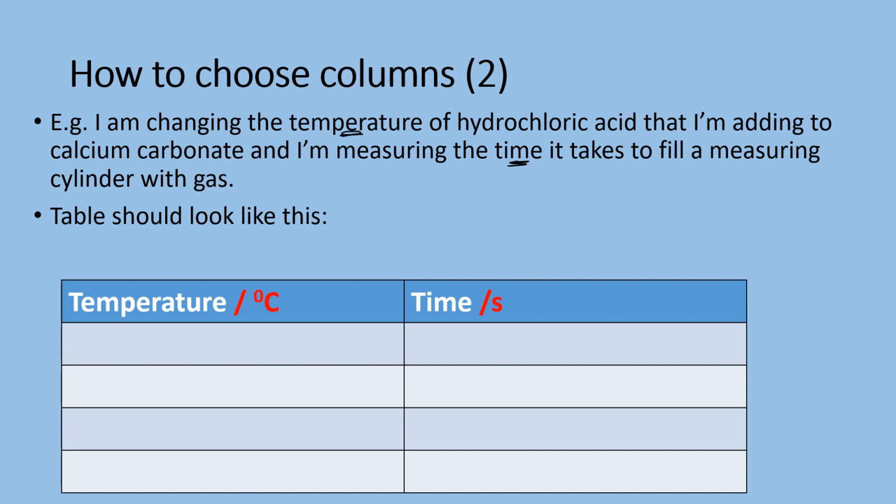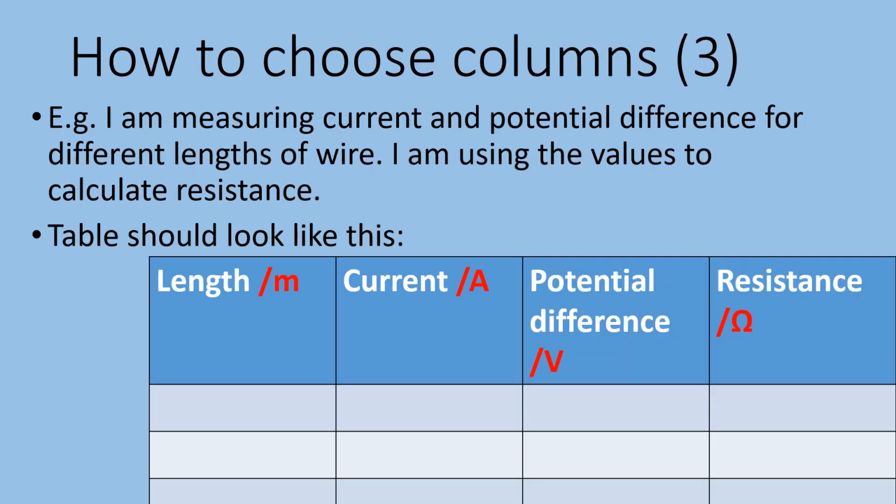So here I'm going to do my results table, temperature and time, and I have degrees centigrade and seconds. Now you might also think, well, we're looking at hydrochloric acid and calcium carbonate. In this instance, those things will remain the same, so we might be using the same volume or the same mass of calcium carbonate, so we don't really need to write them in the table, but we can also make a note of them.